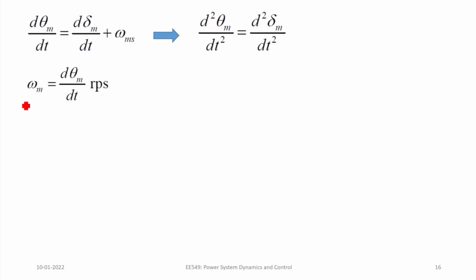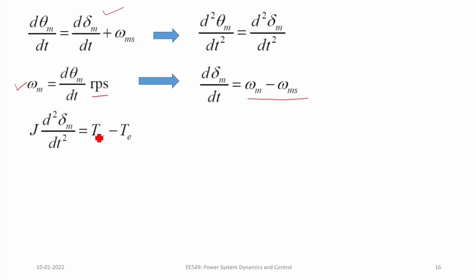Now let omega m equal d theta m by dt rps, and d delta m by dt I can write from this expression as omega m minus omega ms. Then substituting in the previous equation, J d square theta m by dt square, we will get J d square delta m by dt square equal to Tm minus T.